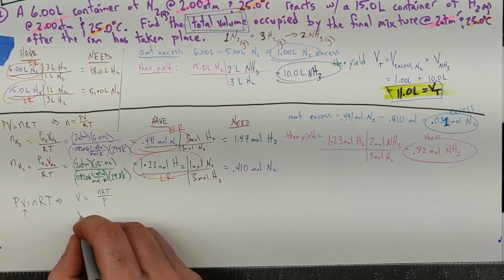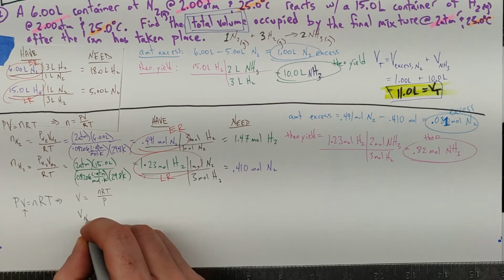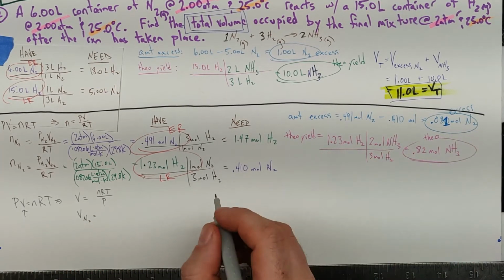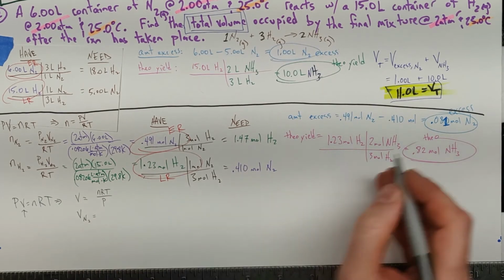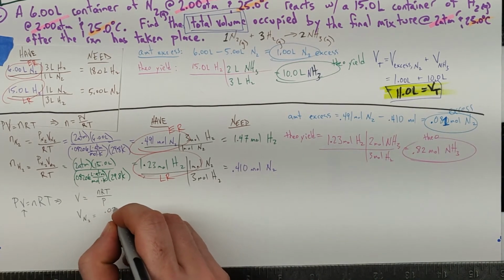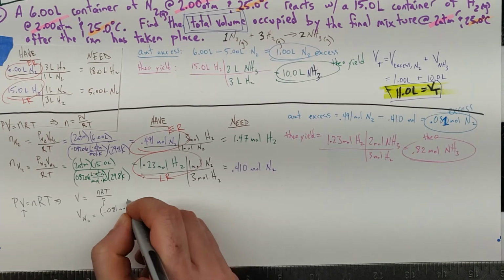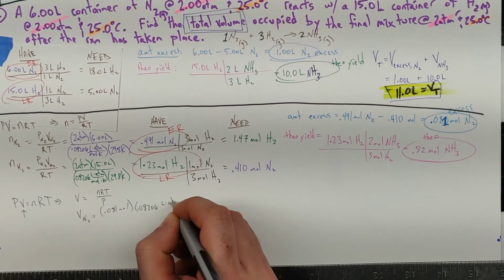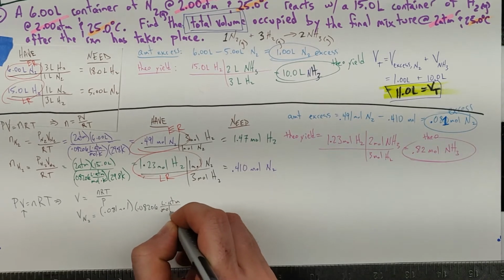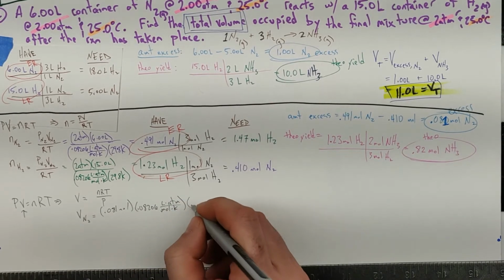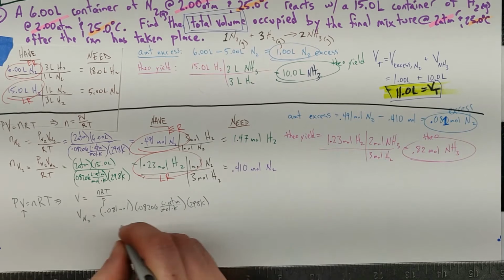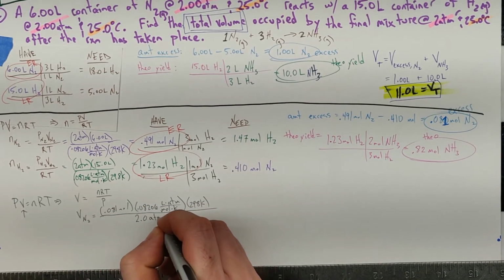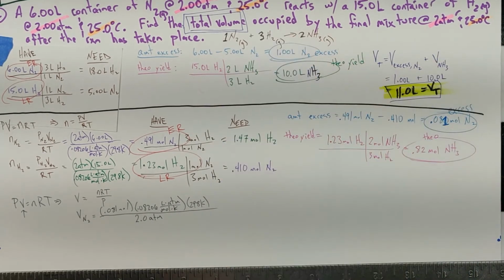So our volume of the nitrogen is going to be the moles, which is actually, let's write it, 0.081 moles, 0.08206 liter atmospheres over moles Kelvin. Temperature is 298 Kelvin, and our pressure is 2 atmospheres, based on what we saw up there.